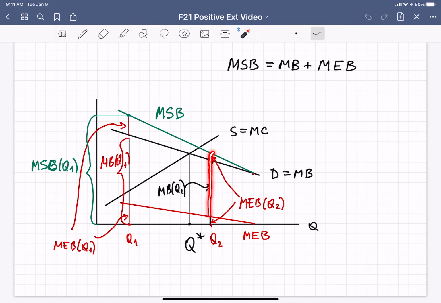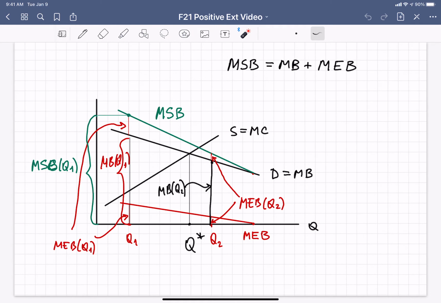Again, you're going to end up at exactly the same point, which will indicate MSB at this level of output. And then if you connect these 2 points, you're going to get your MSB curve. And if you care, you can double check that if you draw this line like this, it will match all MSB points at any quantity.